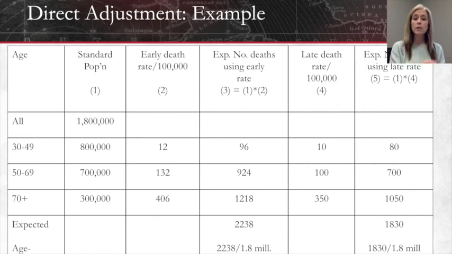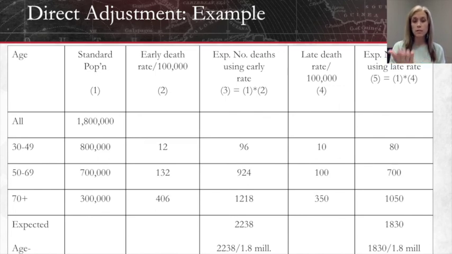Then you apply the death rates that you calculated earlier to that standard population, and ultimately you get the expected number of deaths using the early rates and the expected number of deaths using the late rates. You do that for every single age group.